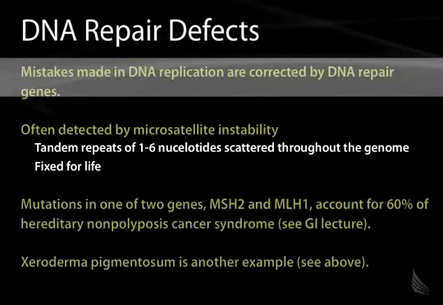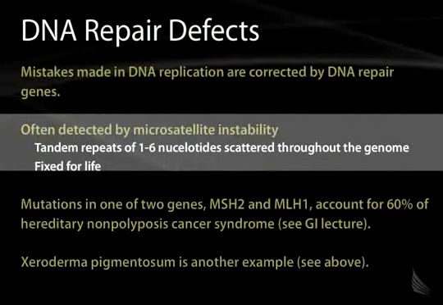Defects in DNA repair, however, can be detected, often with instability in what are termed microsatellites. Microsatellites are tandem repeats of 1 to 6 nucleotides scattered throughout the genome. The number of repeats that one should have should be fixed for life, and if one finds a change, particularly in the transmission of these microsatellite repeats from one generation to another, that is a sign that there is some difficulty in DNA repair.